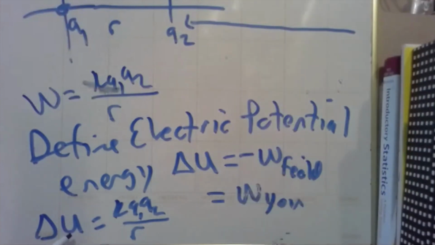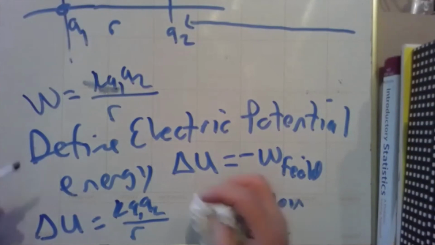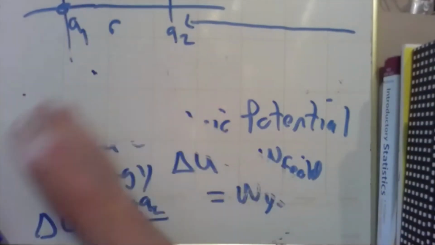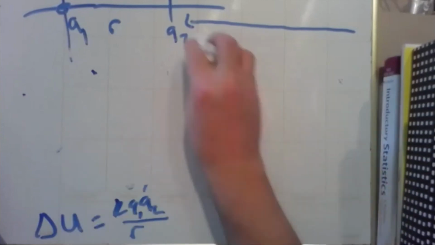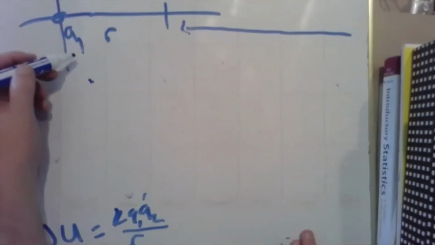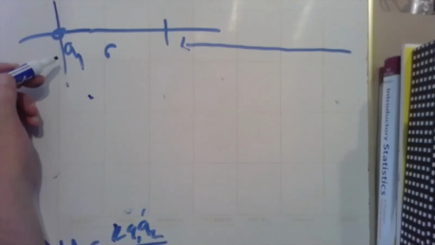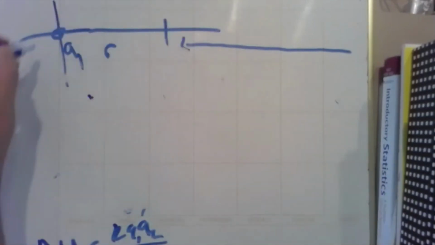But wait a minute, that looks a lot like that thing we talked about a minute ago, V. Another way to do this same problem, the exact same problem, is to say you've got one single charge in your universe that changes all of space.